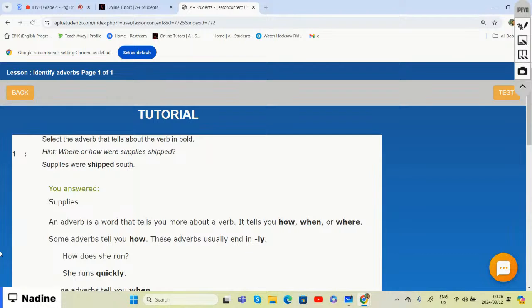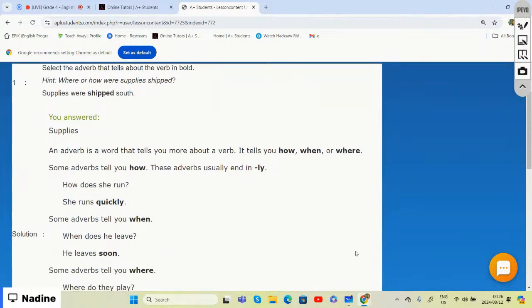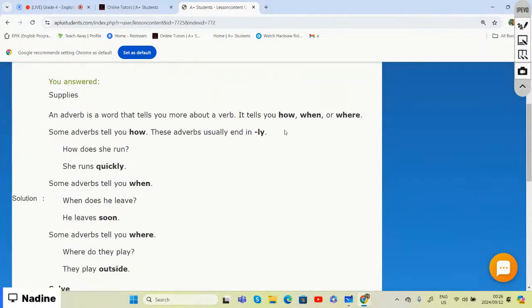That's adverbs. And adverbs that tell us how, we say these adverbs usually end in ly. Like for example, how did she run? Quickly, right? So quickly is our adverb.